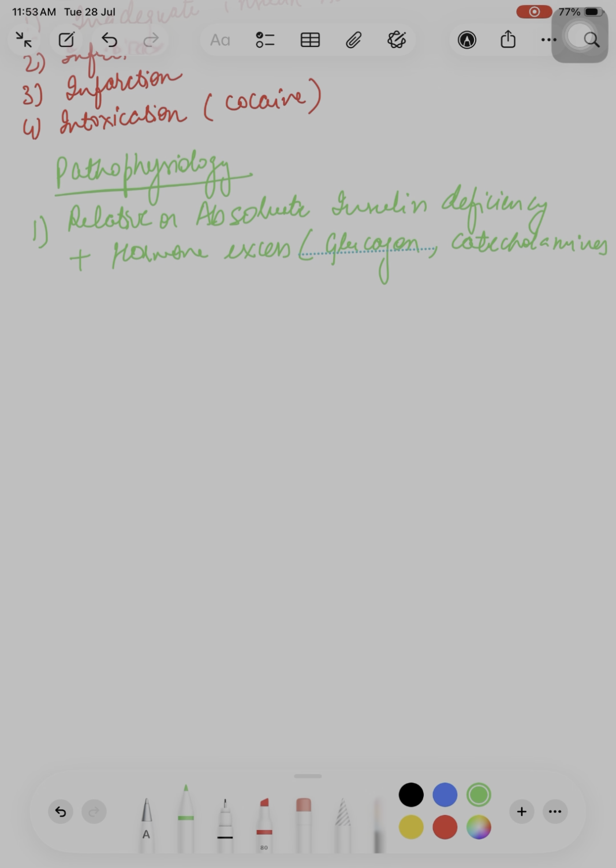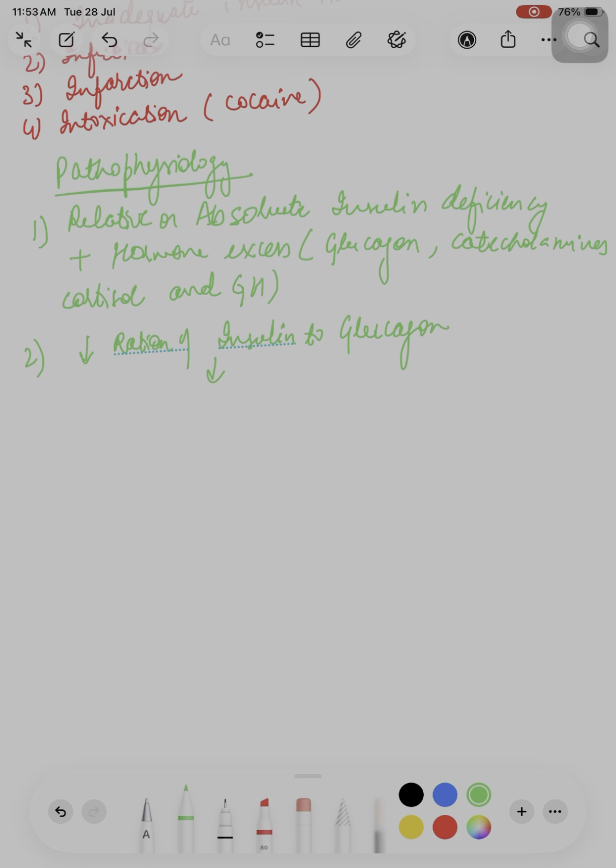Which are the hormones? Glucagon, catecholamines, cortisol and growth hormone.